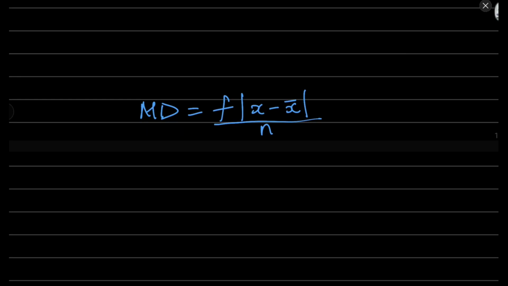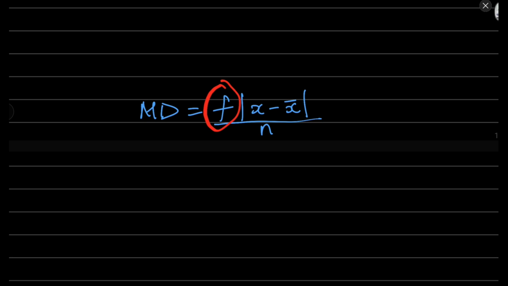Welcome back. Still on mean deviation, but this time around, how to find the mean deviation of an ungrouped frequency distribution. The formula is still almost the same, except for the fact that we have the introduction of f, and f here means frequency, of course, because this is a frequency distribution, unlike the previous video when we had a simple series or a set of values that we didn't need to include the corresponding frequency of each x value.